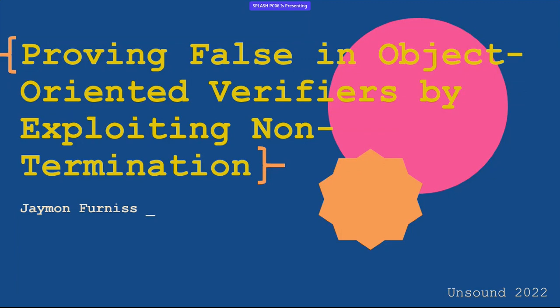In particular, the purpose of this paper is to present 3 examples where we break object-oriented verifiers with programs that we've written. I say break, meaning that we give a program that the verifier will prove as correct, but the program will ignore the contract that we have written for it.